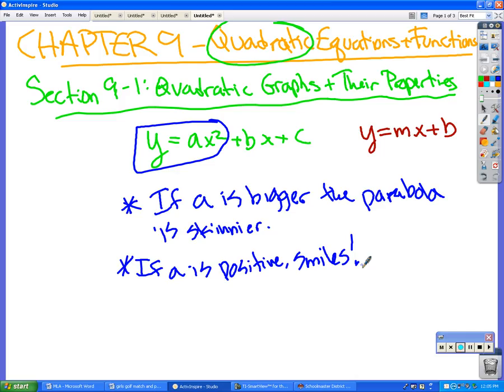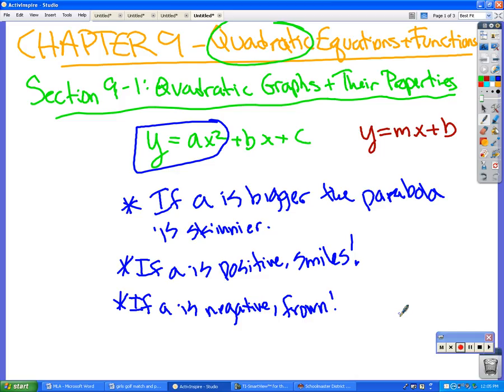So the parabola opens up. If A is negative, then you have a frown. Okay?